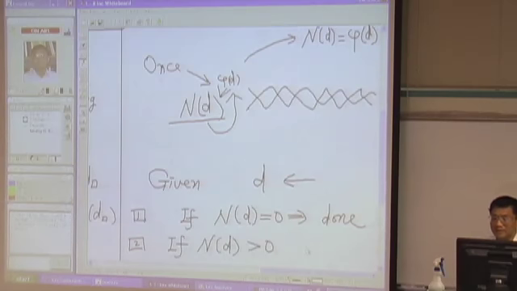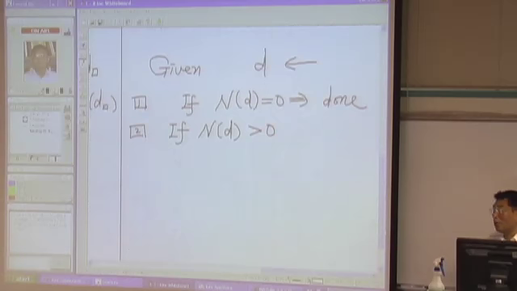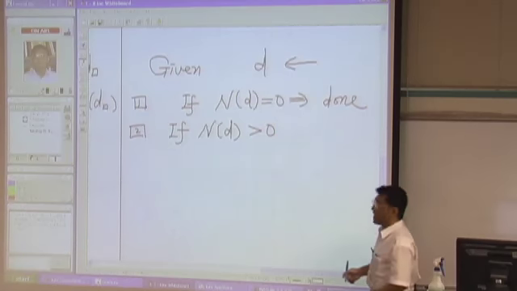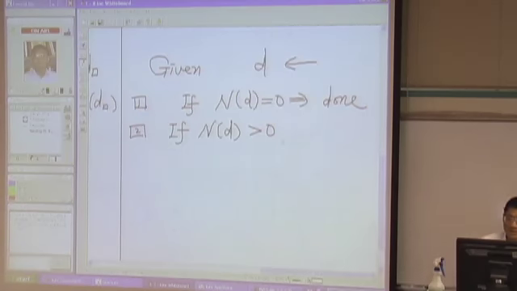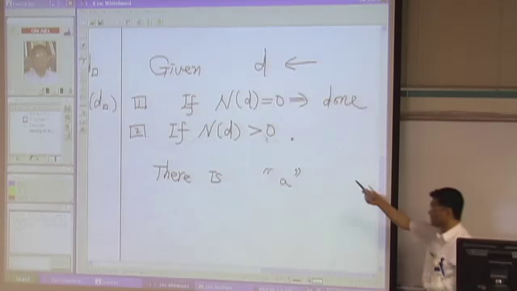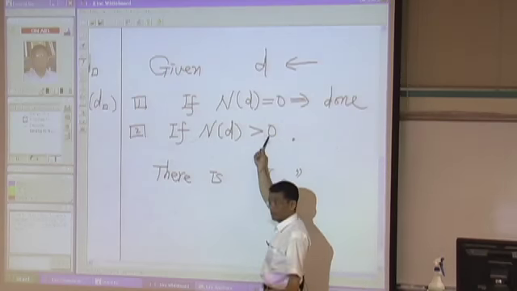The remaining case is n of d greater than 0. In other words, there is at least one element having order d. Then we have some element, say a. There is an a having order d, because the number of integers having order d is greater than 0.